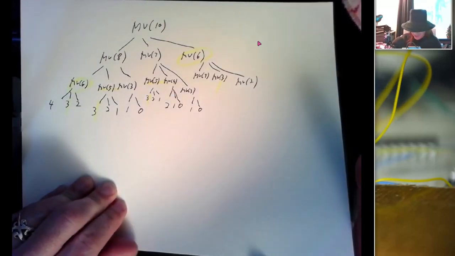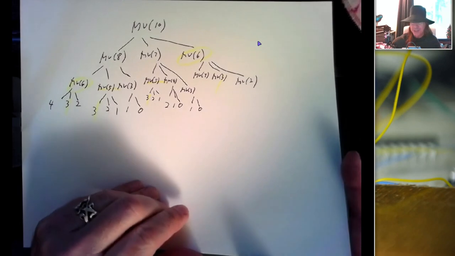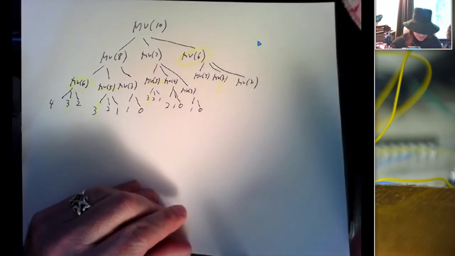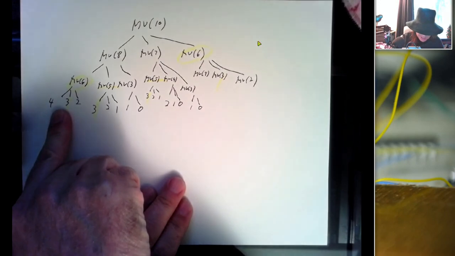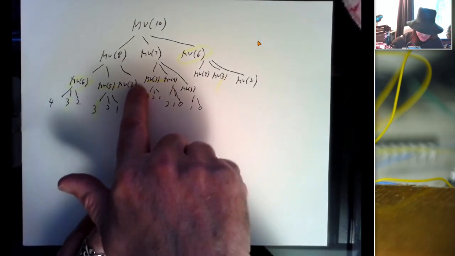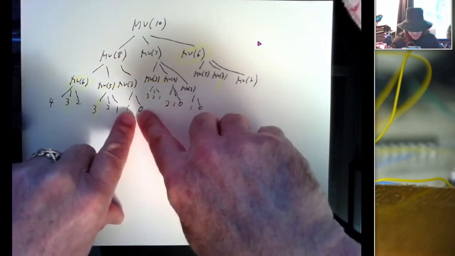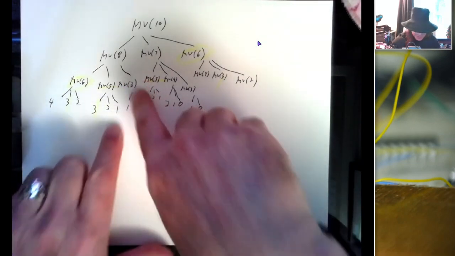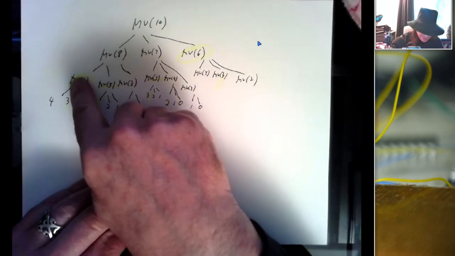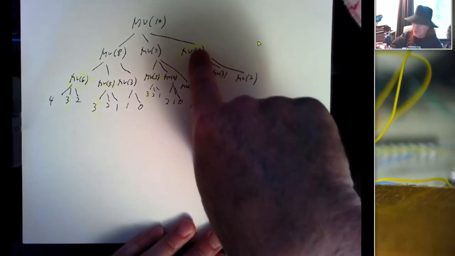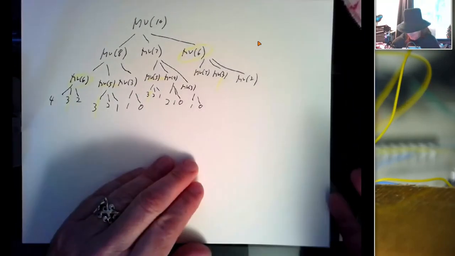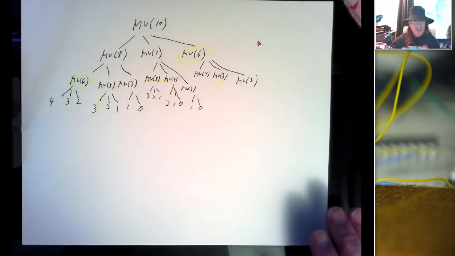And so this is a case where dynamic programming would help us, because the first time we calculate max val of 3, we'll save it, and the next time we want to calculate it, we'll just read it out of our cache. We won't have to make these calls to find max val 3 over here. And once we've calculated max val 6, we won't have to go down this whole tree again. We'll just read that value out of our cache. So that works really well.